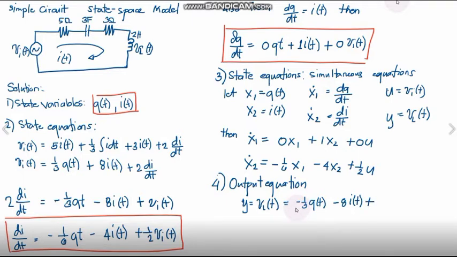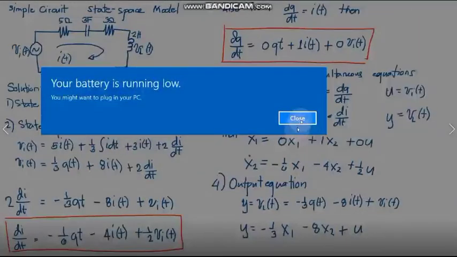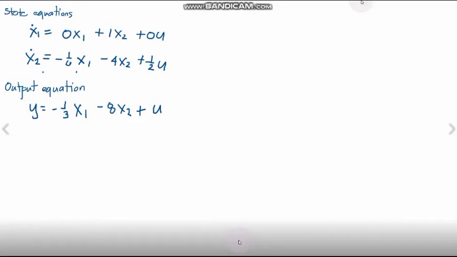Once more, from the equation of our KVL, take note that v_L is equal to 2 di/dt, which if we transpose the terms to the other side, v_L will be equal to negative 1/3 q(t) minus 8 i(t) plus v_i(t).